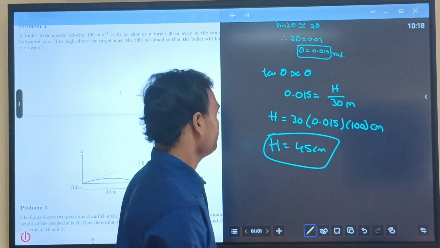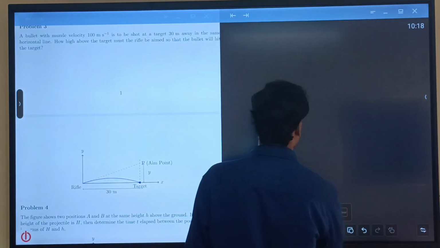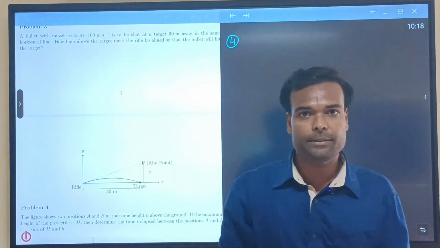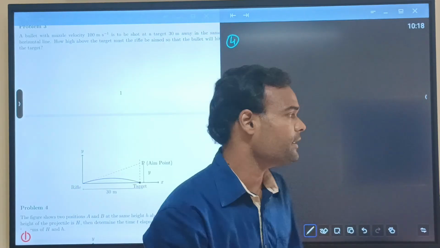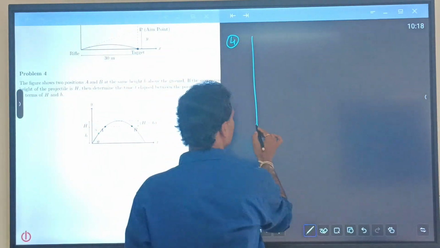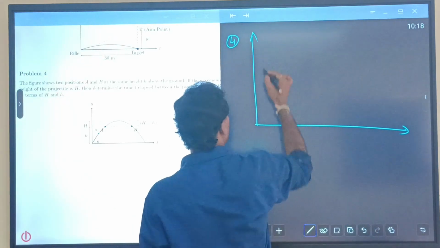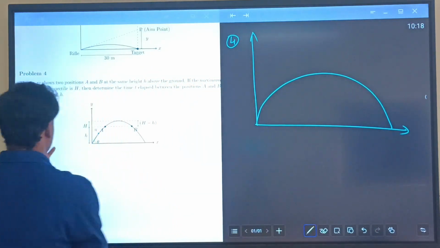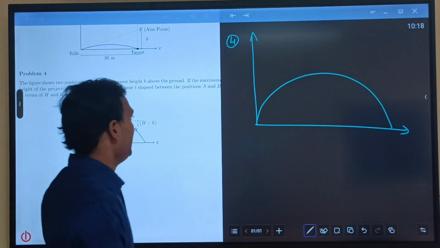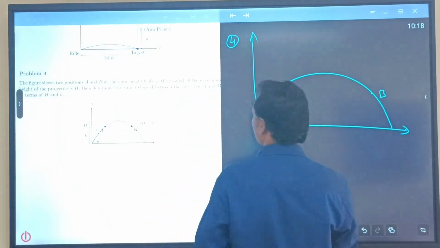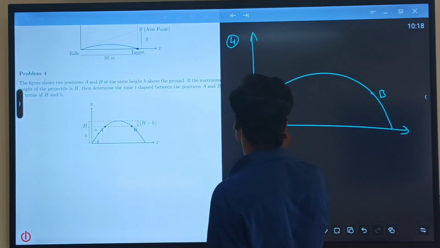Now next one, fourth question. See here, these are the logical and critical questions. Next one is the fourth question, and the fourth question is, suppose here the figure shows two positions A and B. This is the position A, this is the position B, at the same height h.